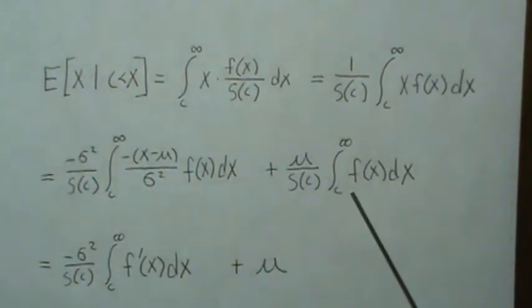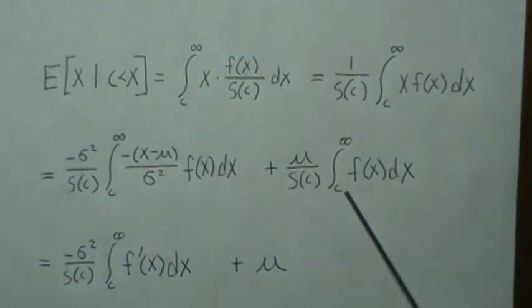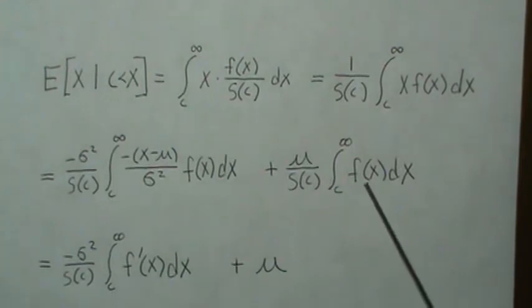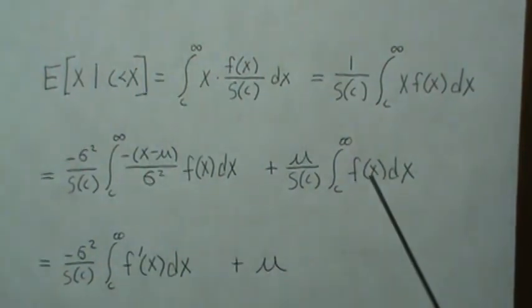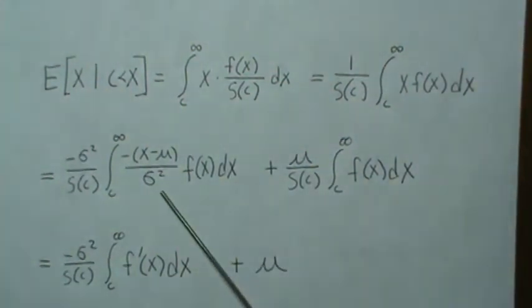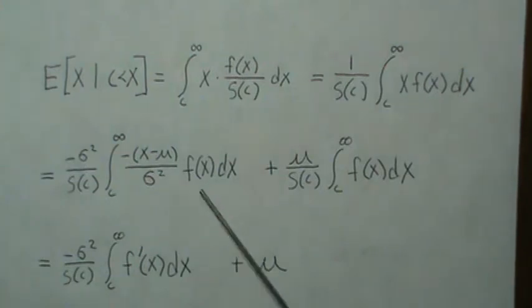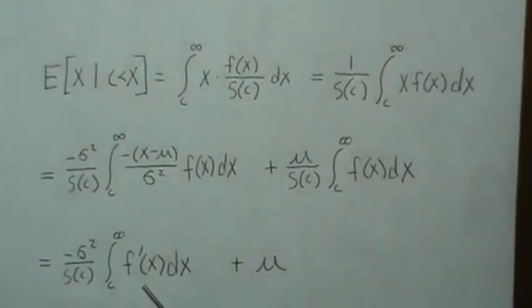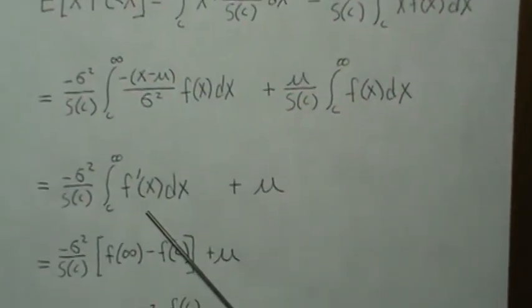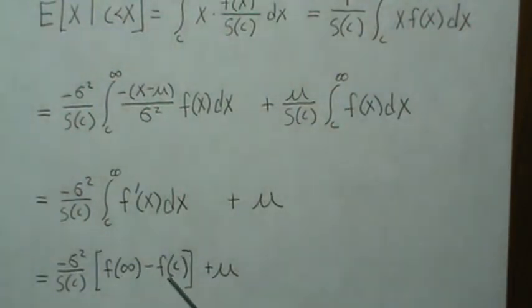So here, we'll look at this one. The probability that we're greater than c is this piece here, capital S of c, which cancels with that and leaves only mu. So here, this is the property that we discussed. This is the first derivative of a normal, and then everything else is the same. And then we can use the fundamental theorem of calculus here and evaluate the integral at the limits.